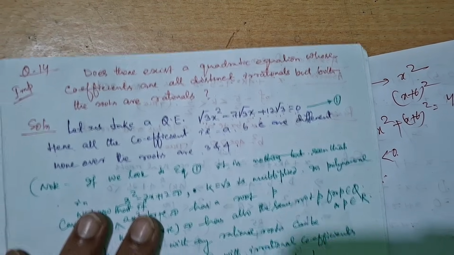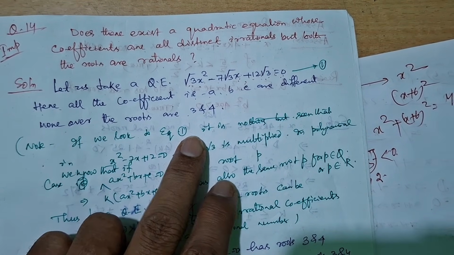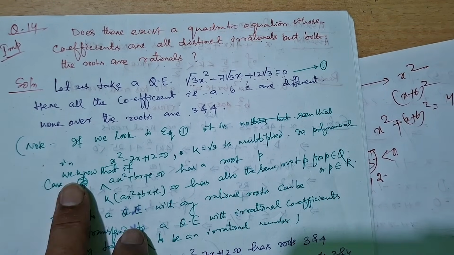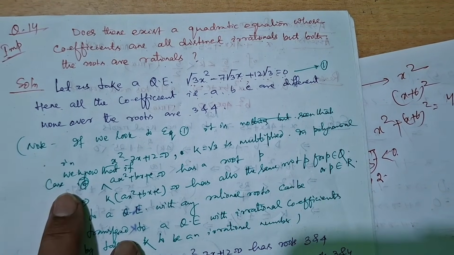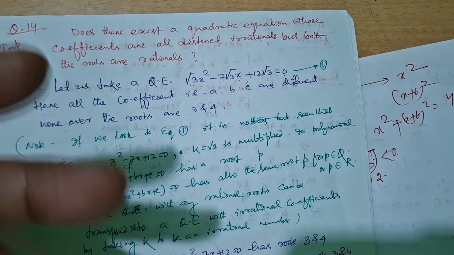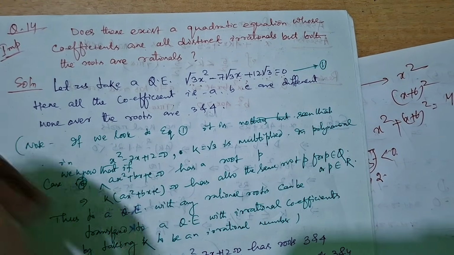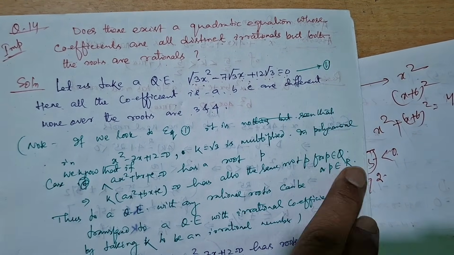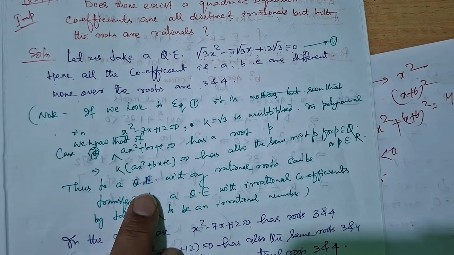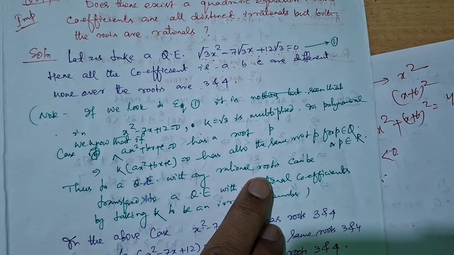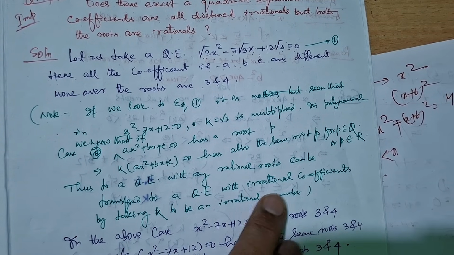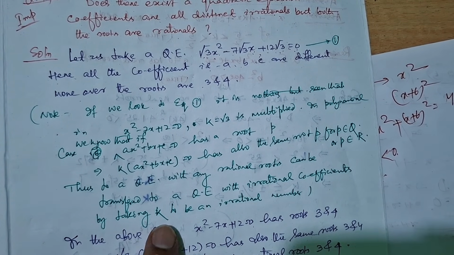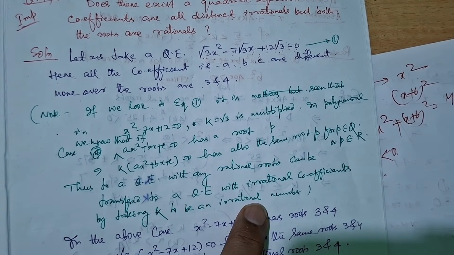Note, if we look at equation 1, it is seen that x square minus 7x plus 12 is multiplied by k, which is root 3. In a polynomial, we know that if you multiply by a constant, the same solution will be there. Also, a quadratic equation with rational roots can be transferred to a quadratic equation with irrational coefficients by taking k to be an irrational number.